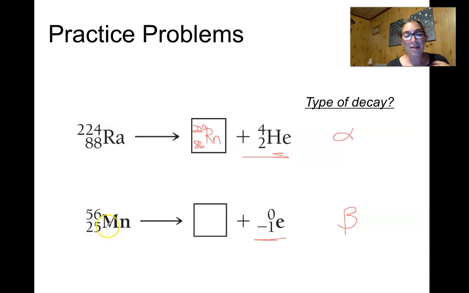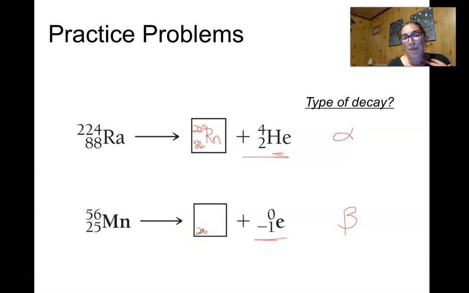In the second one, we have radioactive manganese. All right, so the first thing we want to do is figure out this new number of protons. Blank minus 1 equals 25. So our new number here has got to be 26, because 26 minus 1 equals 25.